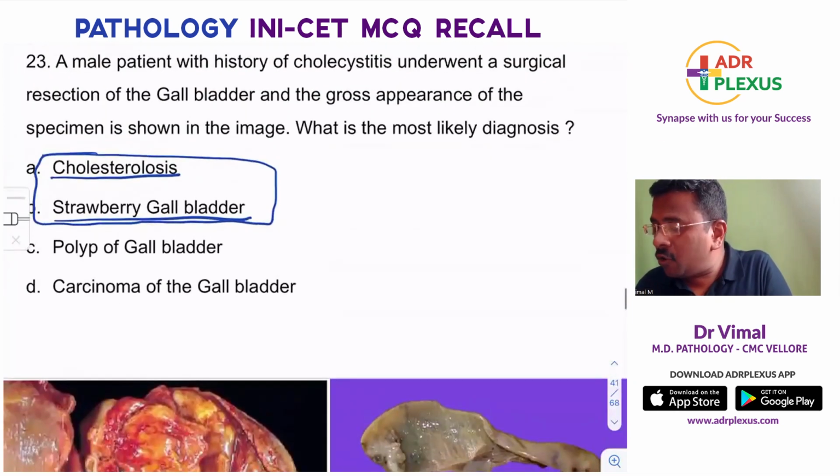The other two options we are stuck with are polyp of the gallbladder and carcinoma of the gallbladder. Carcinoma can arise in the background of chronic cholecystitis, and a polyp can also cause chronic cholecystitis. From the history we could not get a better diagnosis, so we have to see the image.